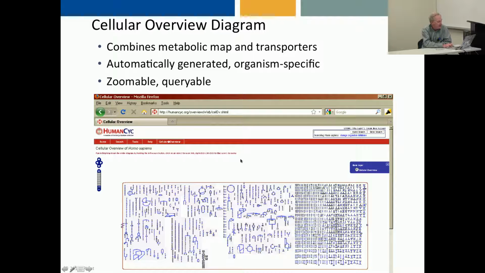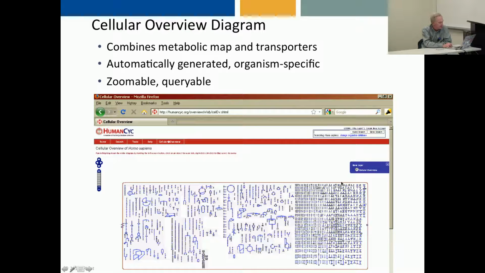And these diagrams are zoomable and queryable, kind of similar to Google Maps. This is the lowest resolution view of the diagram. This shows us the human metabolic map. The way the diagram is organized is we have all the biosynthetic pathways on the left, the degradation pathways here, energy pathways here, and these are individual metabolic reactions that are not assigned to a particular pathway.